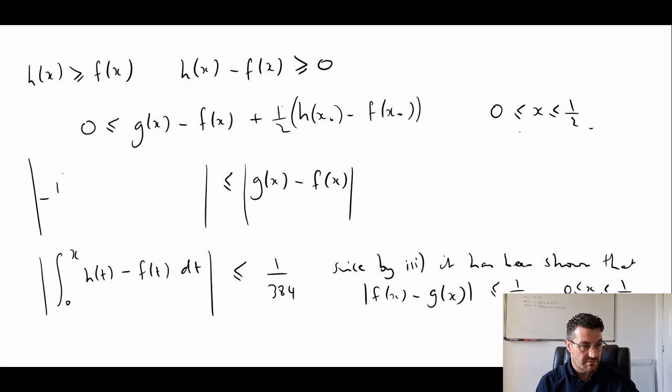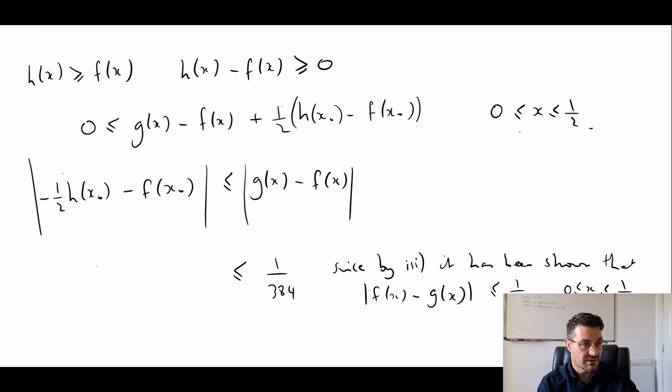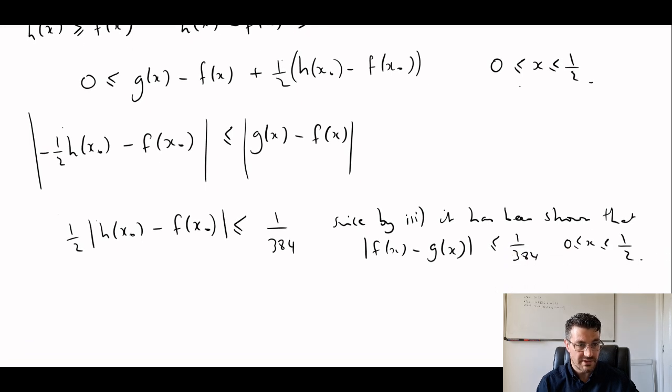And we get over here minus a half h of x naught minus f of x naught, which is half the modulus of h of x naught minus f of x naught. There we go, that's better.